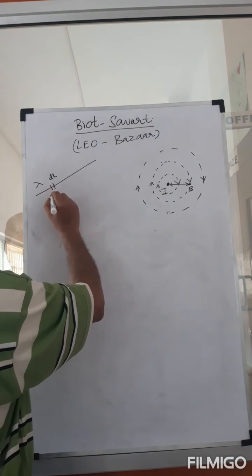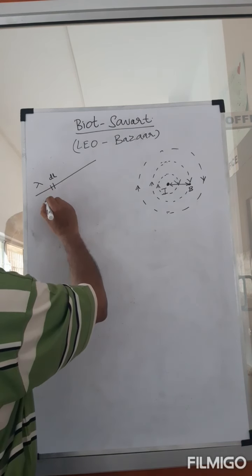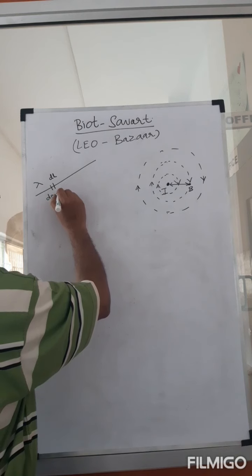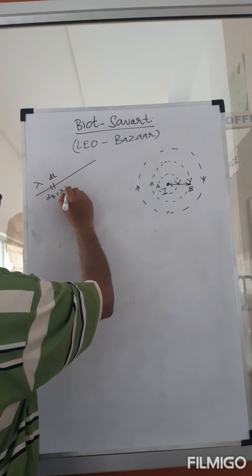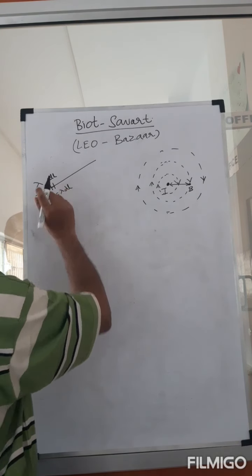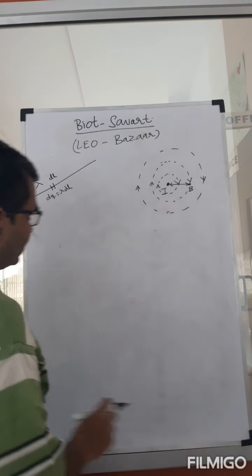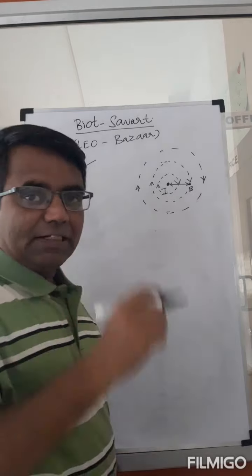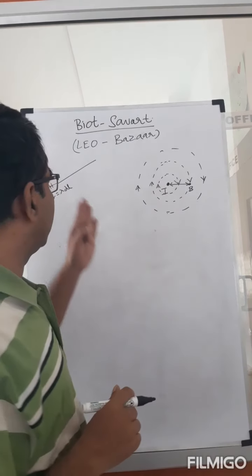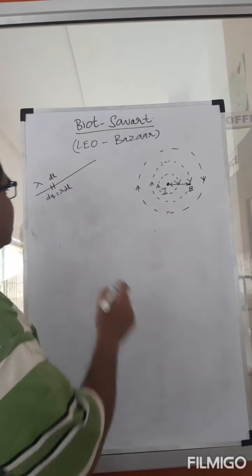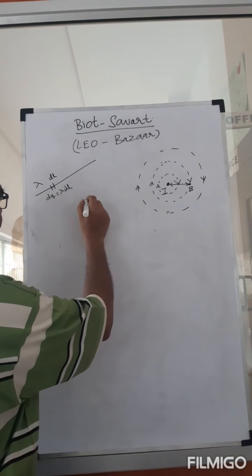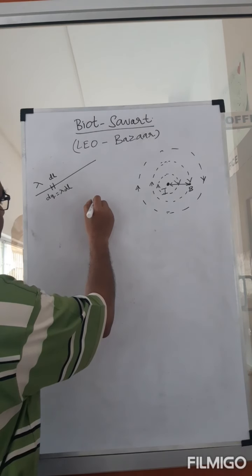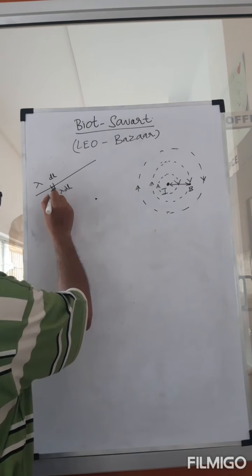What's the charge in it? This is going to be dq is equal to lambda into dl. So that's the charge contained in that small length. And if I want to find the electric field set up by this charge at some distance r, this is where I want to find it. So I have some distance r.